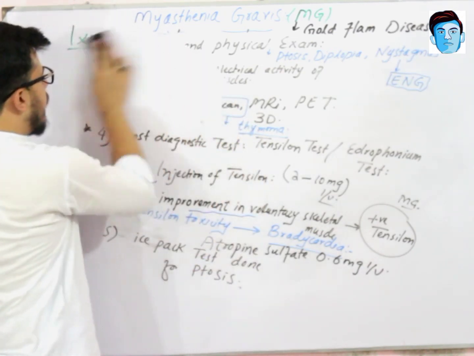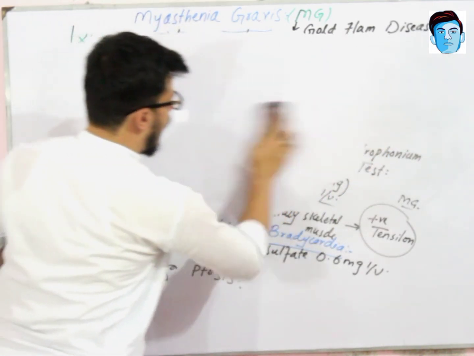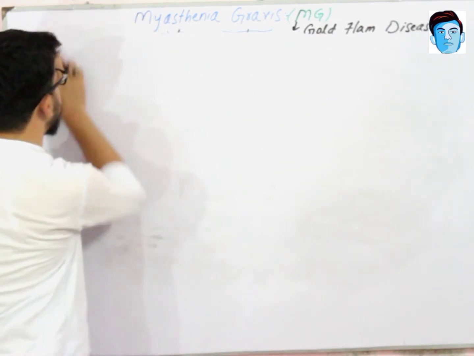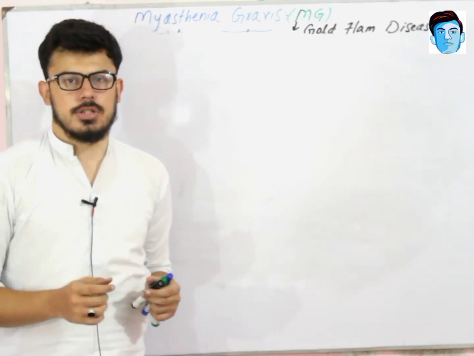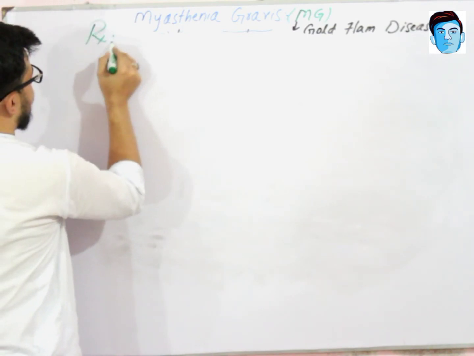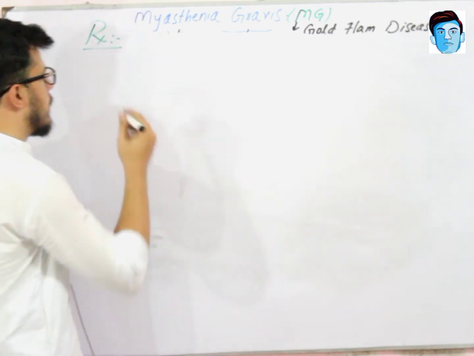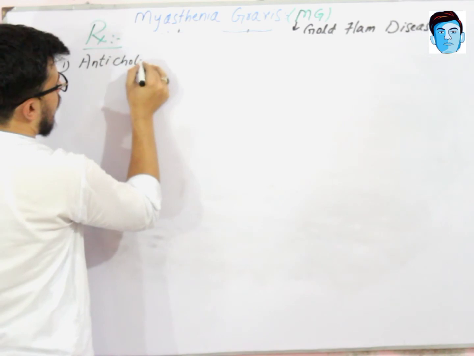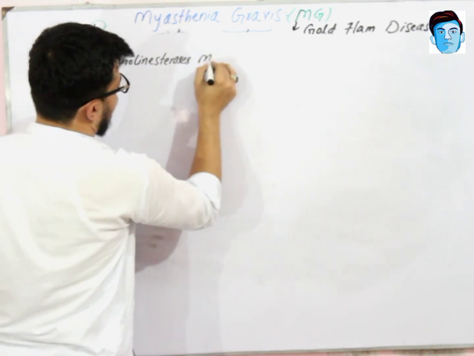So these are the investigation options. Now, let's discuss the treatment options, how we will be treating a patient with myasthenia gravis. The first is anticholinesterase medication.